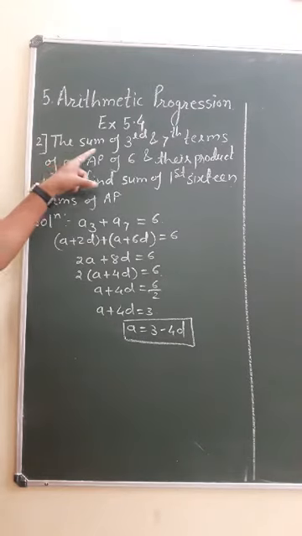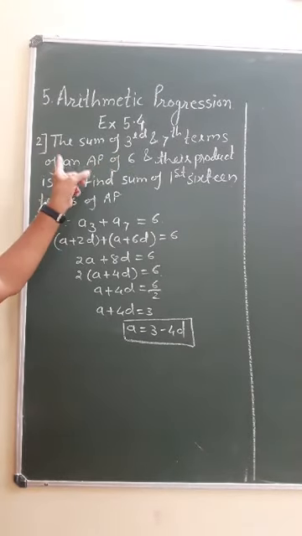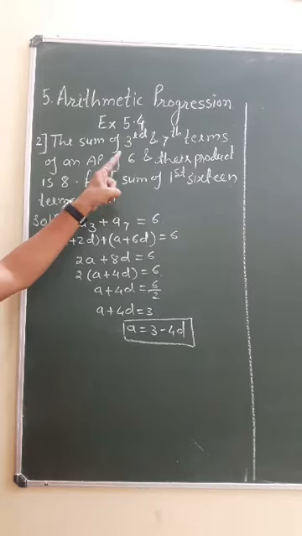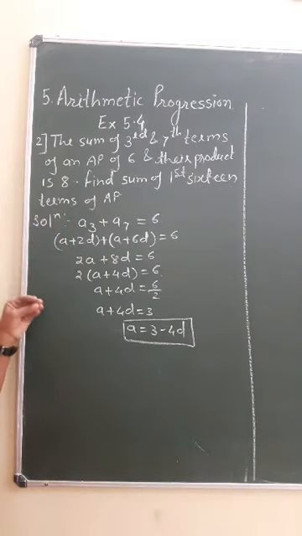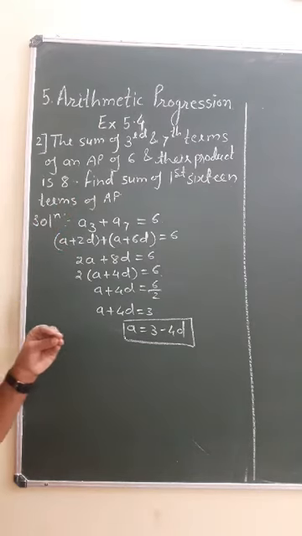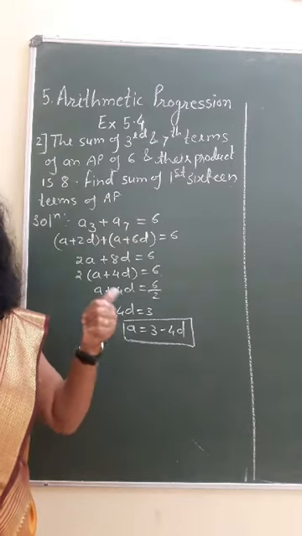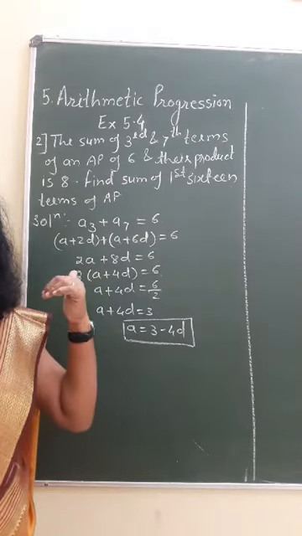Second problem: the sum of the third and seventh term of an AP is 6 and their product is 8. Find the sum of the first 16 terms of the AP. The sum of the first 16 terms we will get when we have the first term and the common difference.